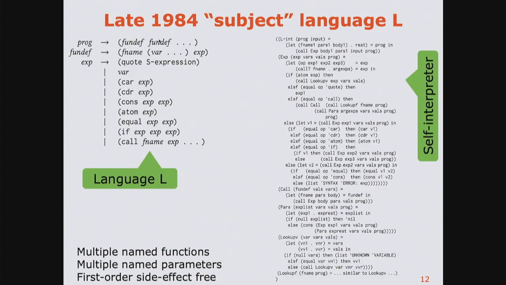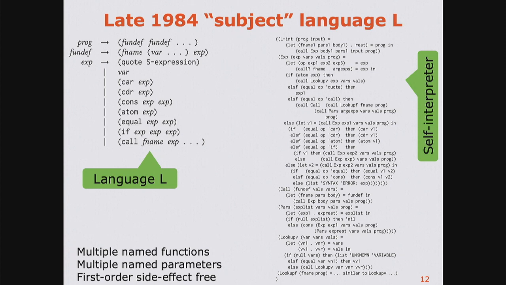Later, maybe in the summer, we decided that this language was too simple and switched to one that was slightly more complex. It's still a very small subset of Lisp, side effect free, but now it has multiple named functions. So a program is a list of function definitions, and each function has multiple named parameters.